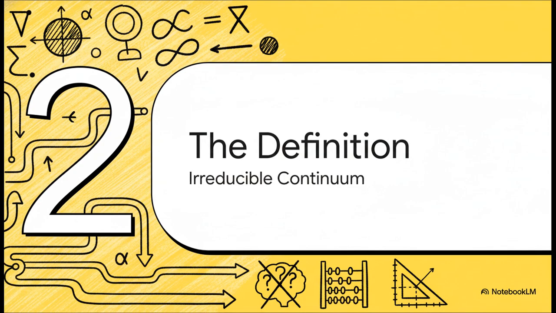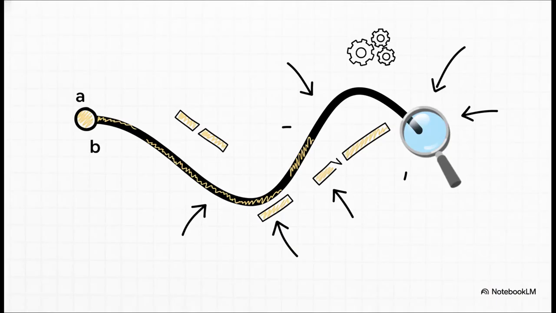Okay, so this is a cool idea, but chipping away at a continent isn't exactly a mathematical proof, right? To really answer this question, our intuition isn't going to cut it. We need the sharp, precise language of mathematics to define what this essential path we're looking for really is. And that brings us to the formal definition, the irreducible continuum.